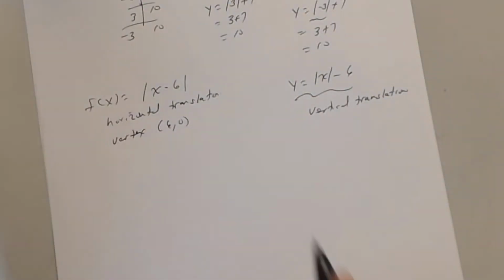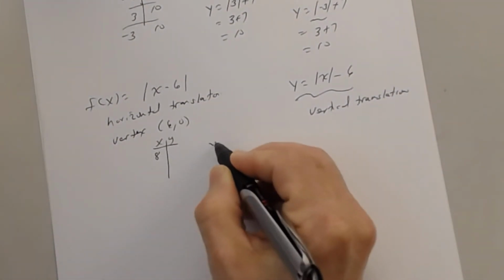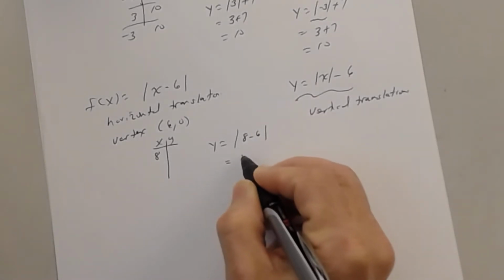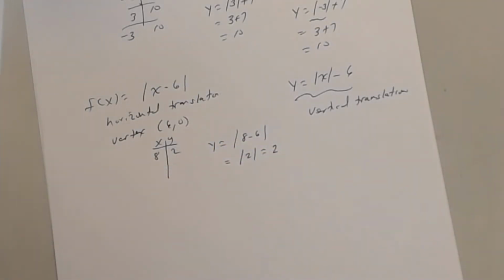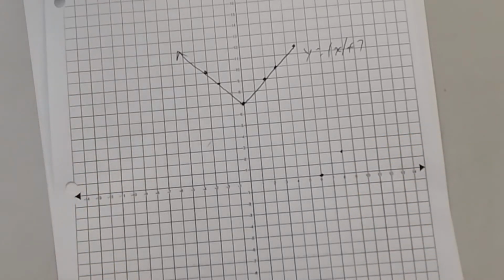All right, so if x is 8, I get y equals the absolute value of 8 minus 6. What's 8 minus 6? And what's the absolute value of 2? 2. So I plot the point 8, 2. Now use symmetry for the other one, on the other side.